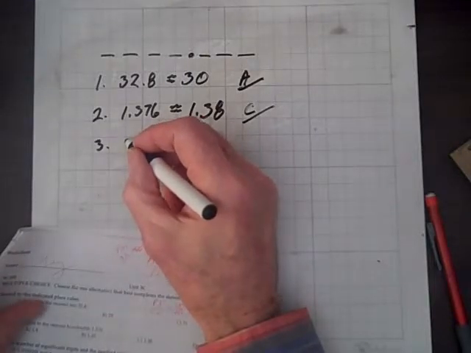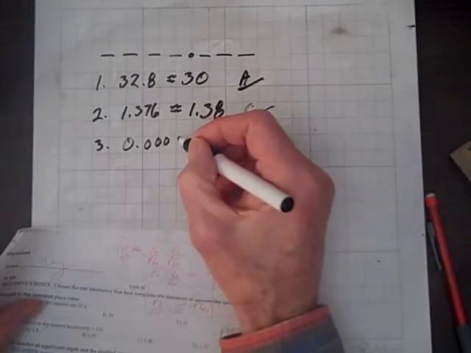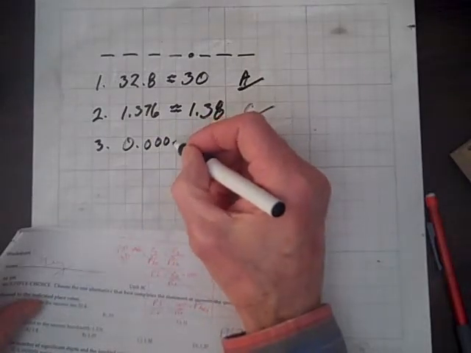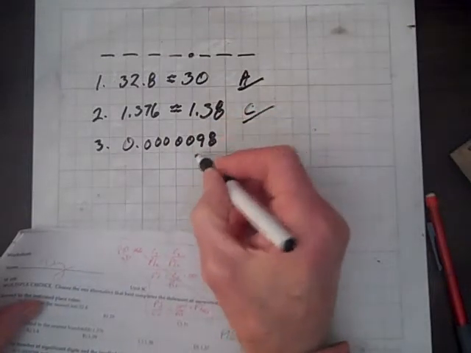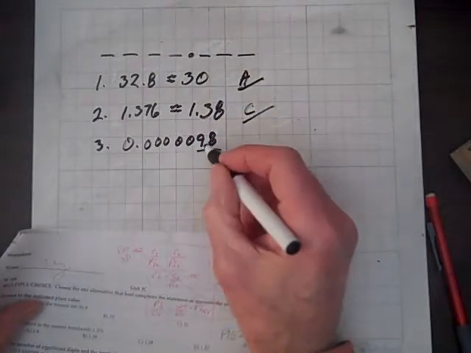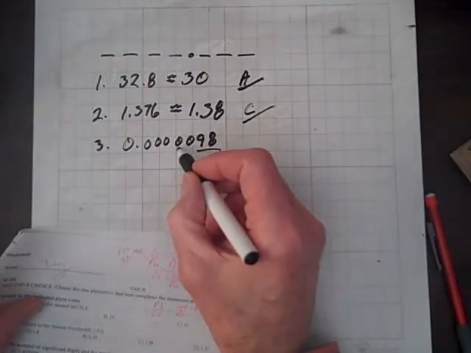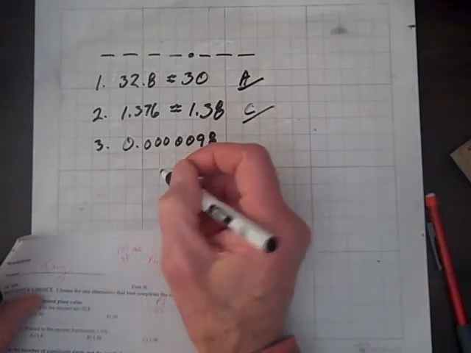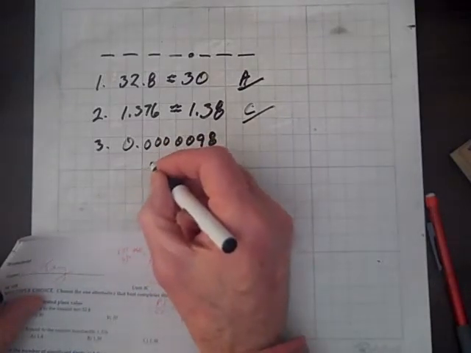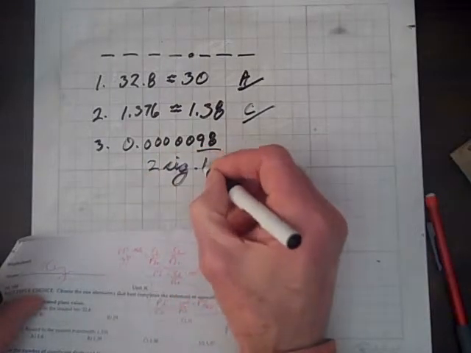Let me rewrite that number in case it's not perfectly clear. 1, 2, 3, 1, 2, 9, 8. So these digits are significant. The zeros here are used strictly for placing the decimal, so they're not significant.